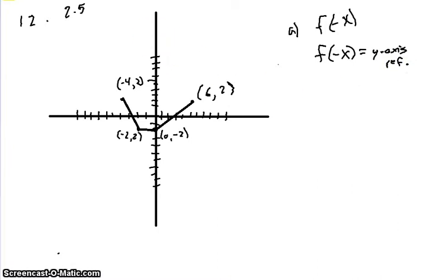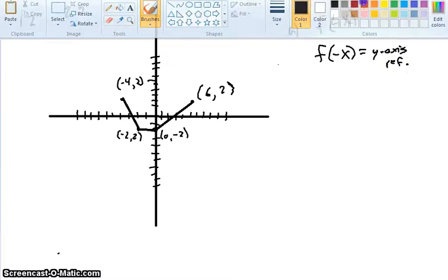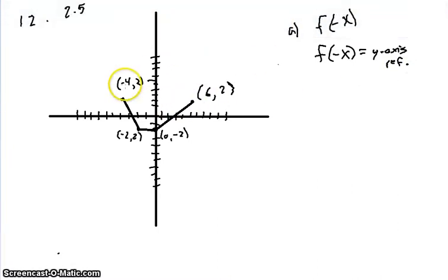So it's a y-axis reflection. You're going to take every single x value and reflect it. So this one becomes 4, 2. This one becomes -6, 2. This one becomes 2, 2.